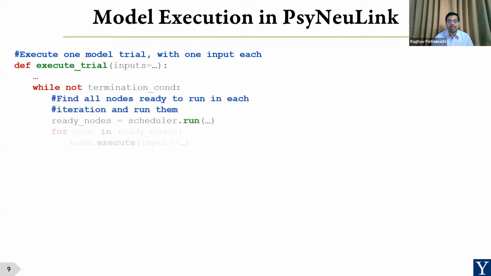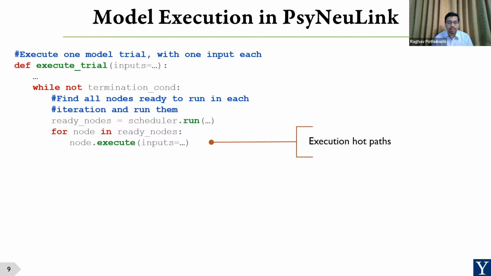As long as these termination conditions aren't met, the framework finds all the nodes that are ready to run in each iteration and runs them. There are a couple of points that are noteworthy here. The first is that the execute method in the various nodes lie on the hot path, and we have this information readily available from the framework without expensive profiling or tracing analysis.